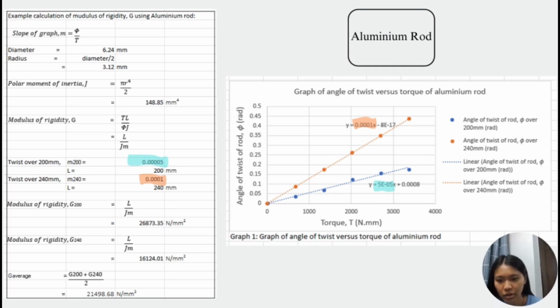The modulus of rigidity is the average modulus of rigidity at 200 millimeter and 240 millimeter.